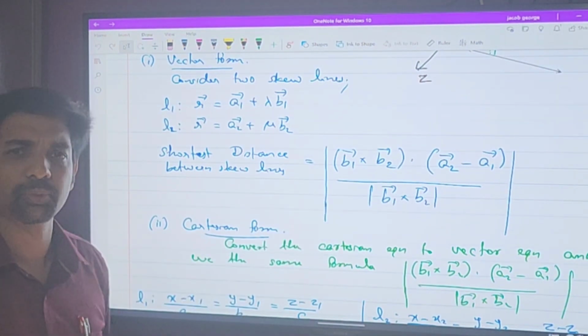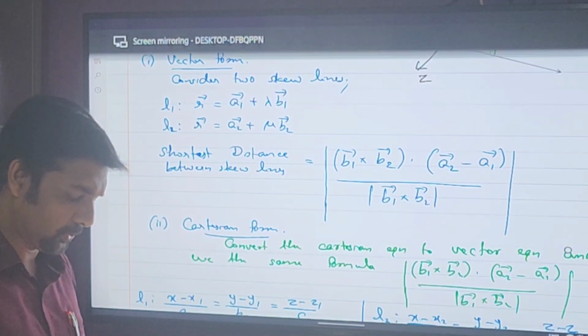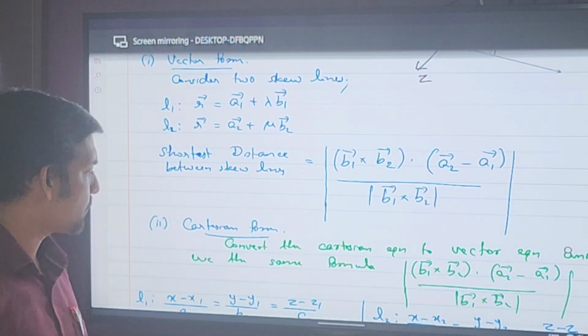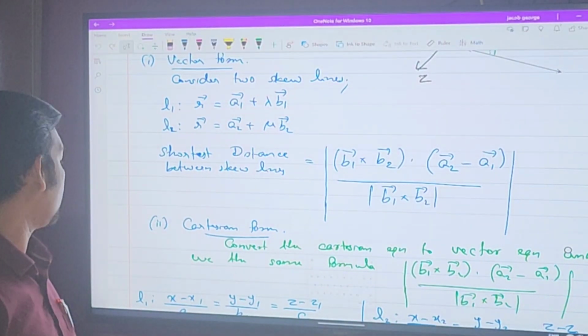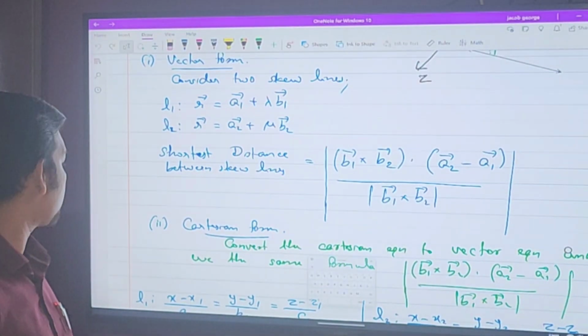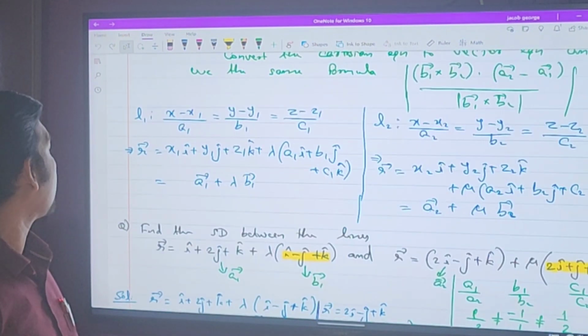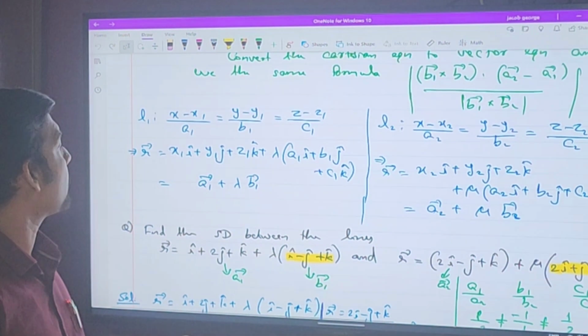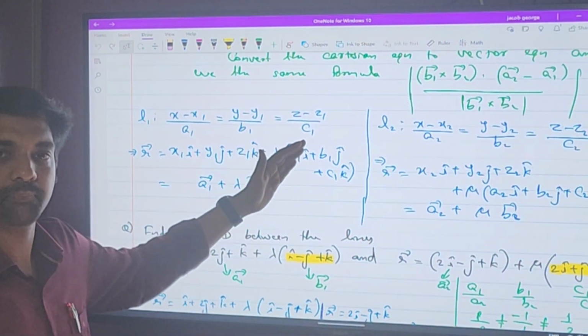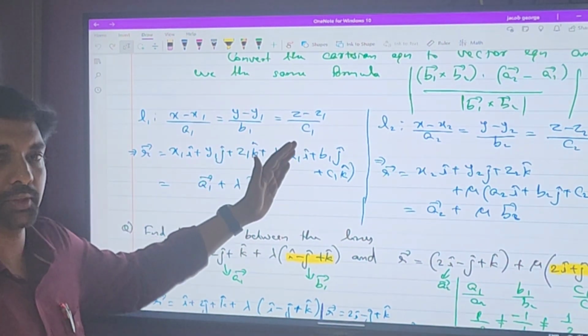Now let's see how to convert Cartesian form to vector form. If you get a Cartesian form, for example, L1 is (x minus x1) by a1 equals (y minus y1) by b1 equals (z minus z1) by c1, you can easily convert it into vector form.